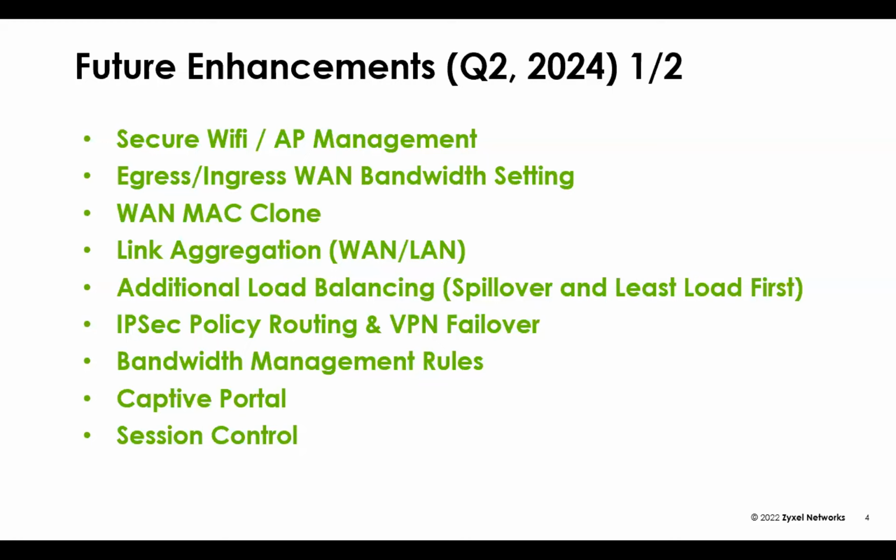However, IPsec policy routing will not be available from the start, along with VPN failover. So with VPN failover, you will not be able to switch over from WAN port 1 to WAN port 2. If your WAN port 1 fails, the VPN will not transition over to WAN port 2 to reestablish the VPN. So that's something that will be coming next year as well.